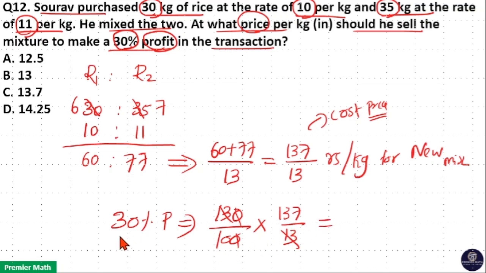So, to get 30% profit, the price becomes 13.7 rupees per kilogram for the new mixture. So, option C is your answer.